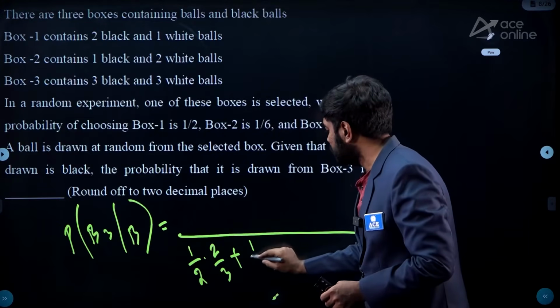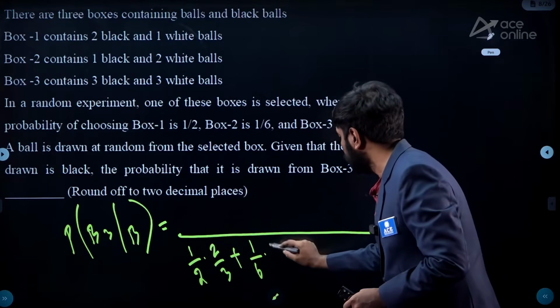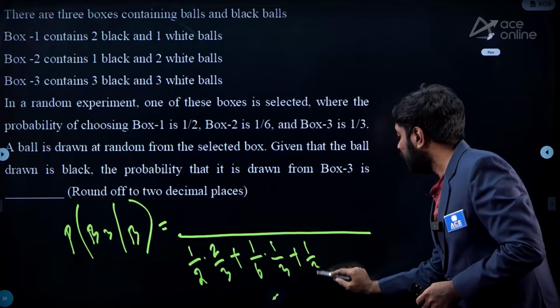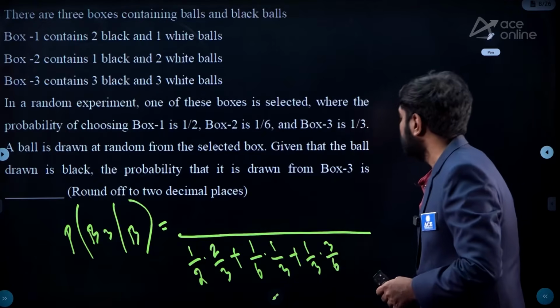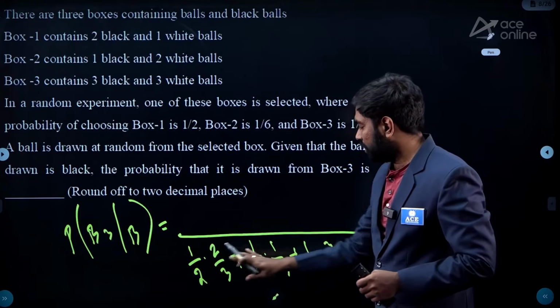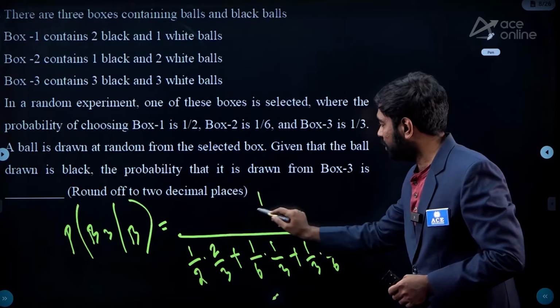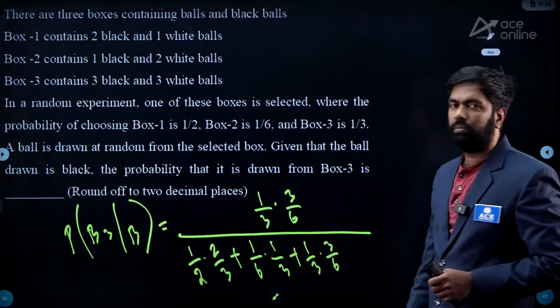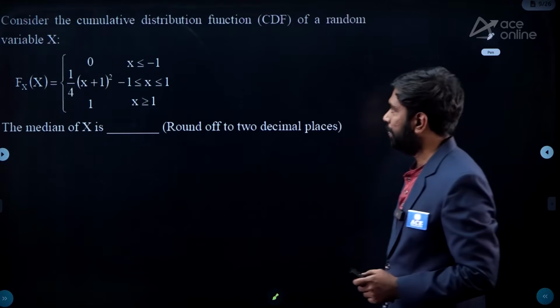Choosing box 2 is 1 by 6, and from that, drawing a black ball is 1 by 3. Choosing box 3 is 1 by 3, and from that, drawing a black ball is 3 divided by 6. This is related to box 1, box 2, box 3. Put this in the numerator to get your complete answer. So this is a very simple model on Bayes rule. I'm leaving the simplification to you.